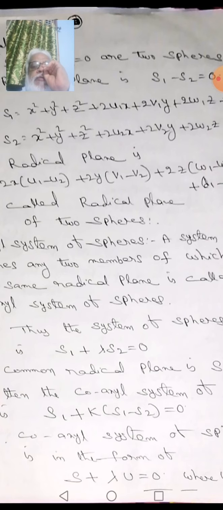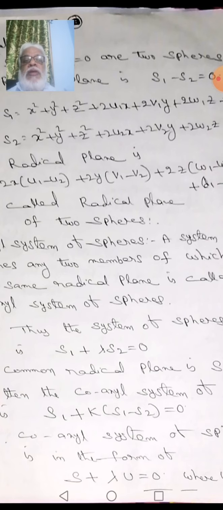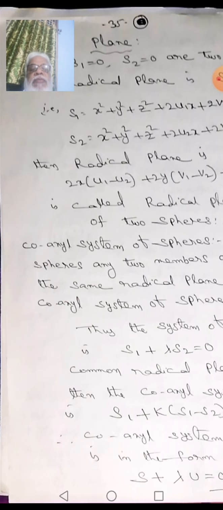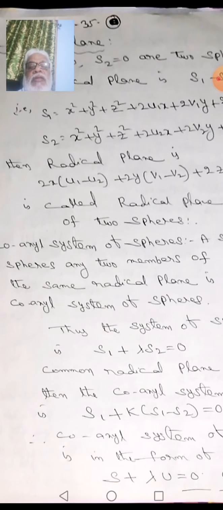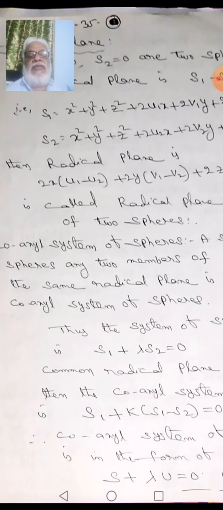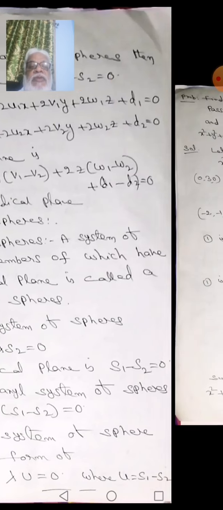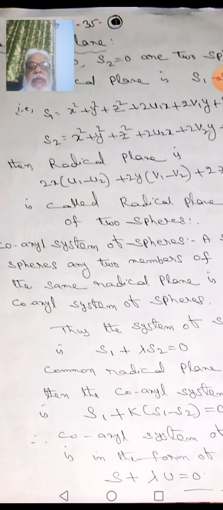So the system of spheres is S1 plus lambda S2 = 0. Here S1 is a sphere equation and S2 is also a sphere equation. The radical plane is S1 minus S2 = 0.